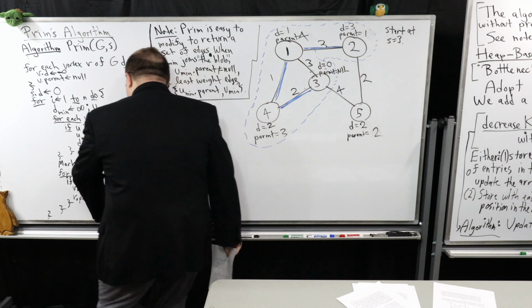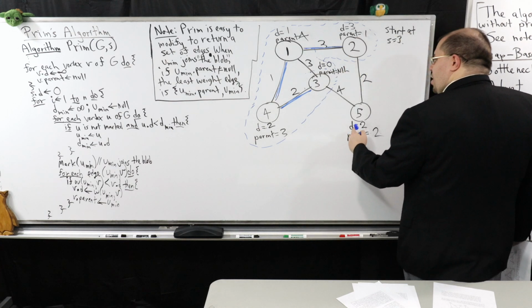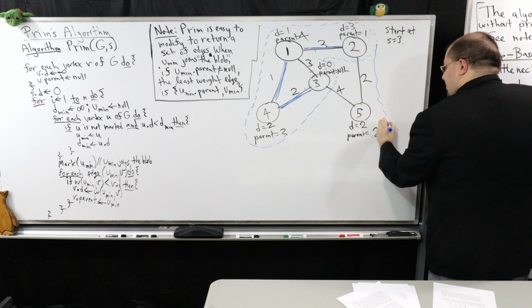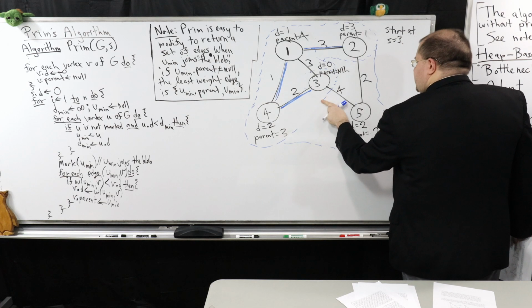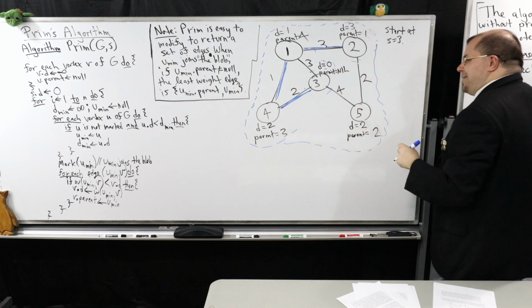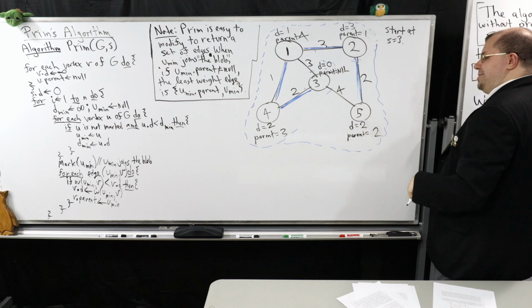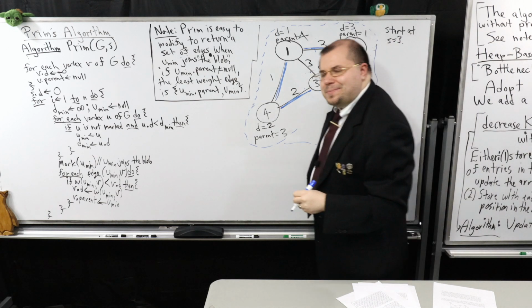And finally, the blob will select vertex 5. And the blob has devoured the entire graph. So notice that when I pick this one right here, this would be the least weight edge that gets used.